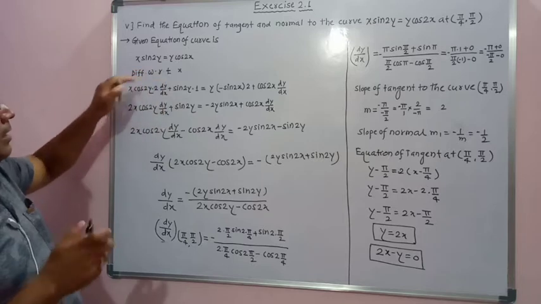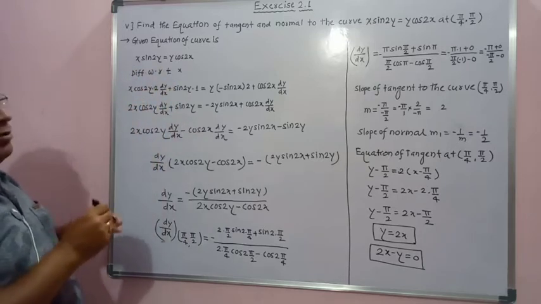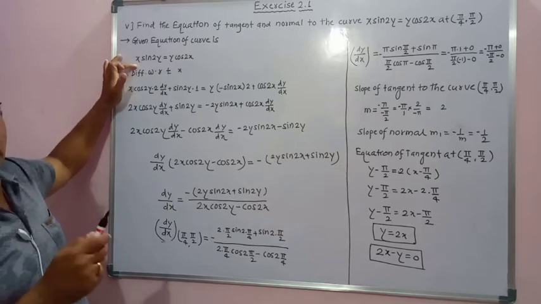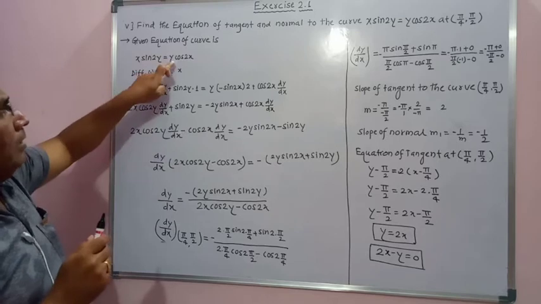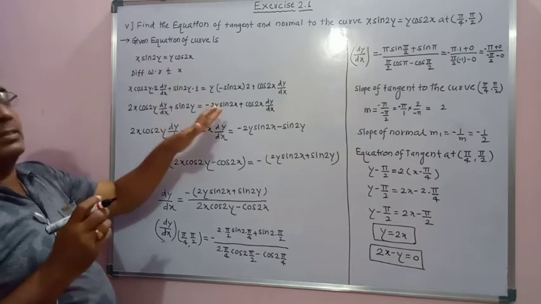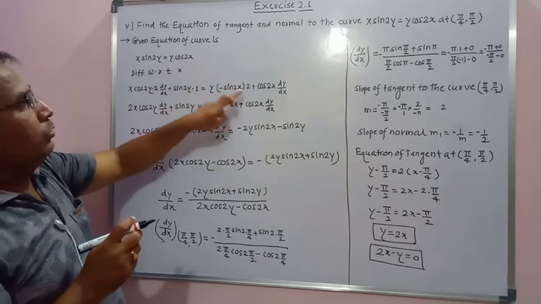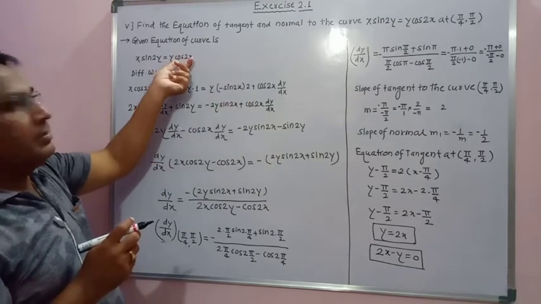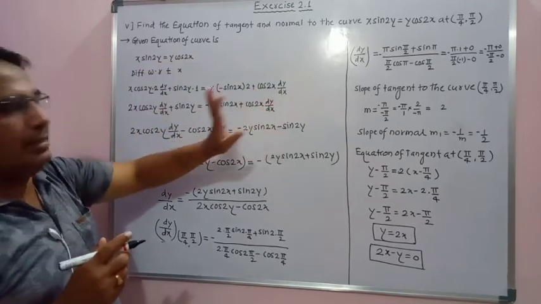Plus the second term as it is, sin 2y, into the derivative of the first term x, which is 1, equals first function y as it is, into the derivative of cos 2x, which is minus sin 2x. Again the derivative of 2x is 2, plus the second term cos 2x as it is, into the derivative of y, which is dy by dx.